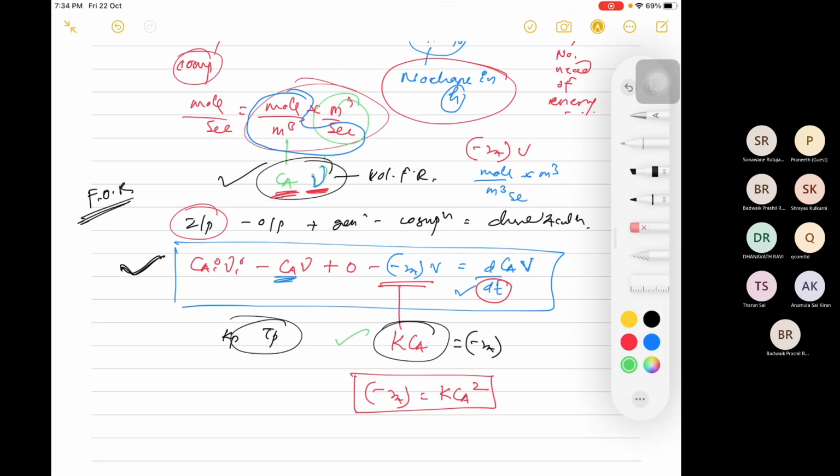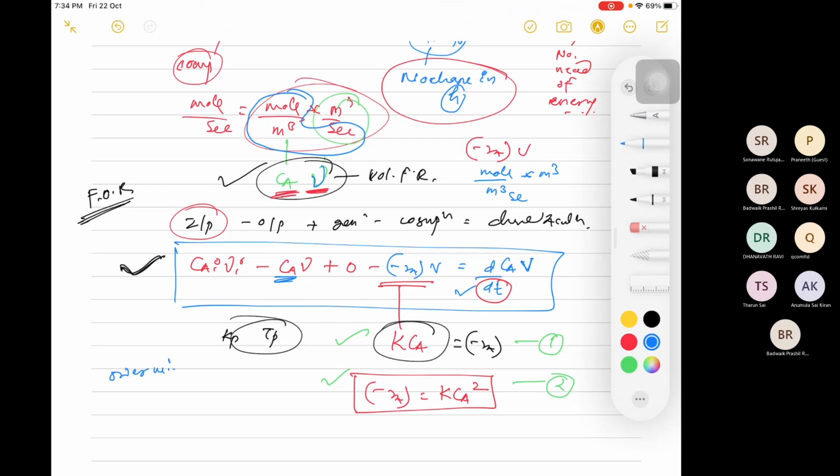What is the difference between these two? If I substitute this first and this second, any difference? Order will get changed. Yes, see, the order of reaction is going to change.